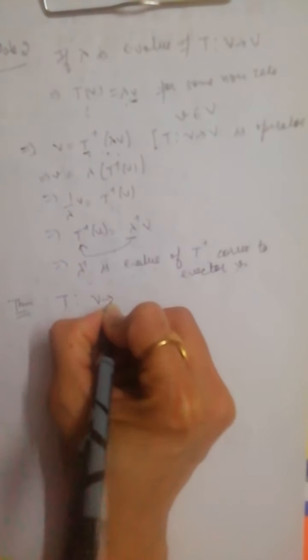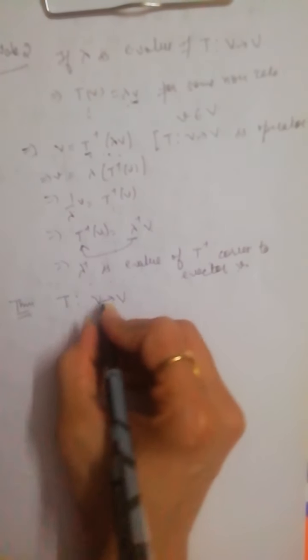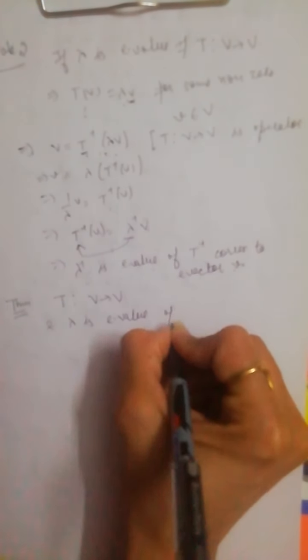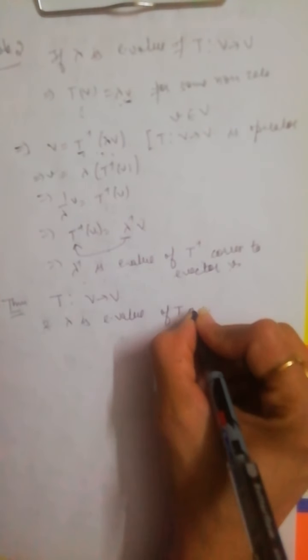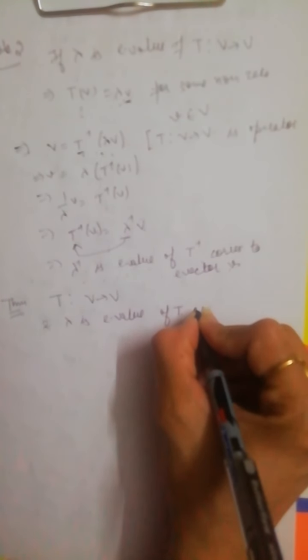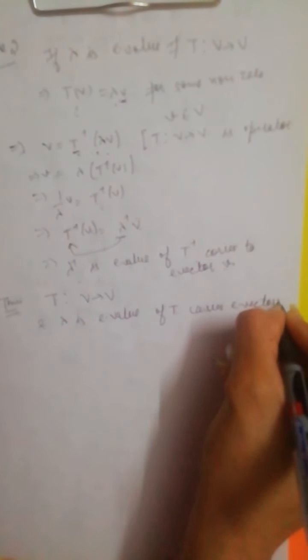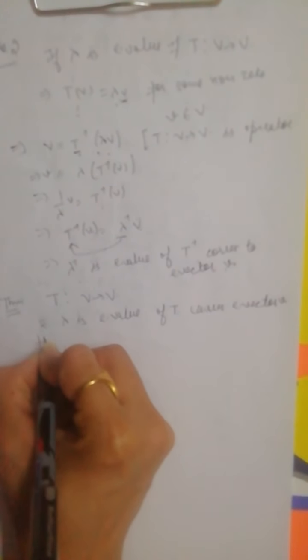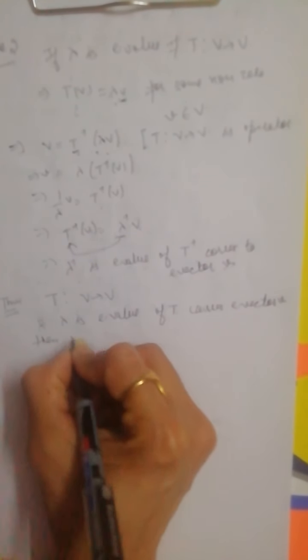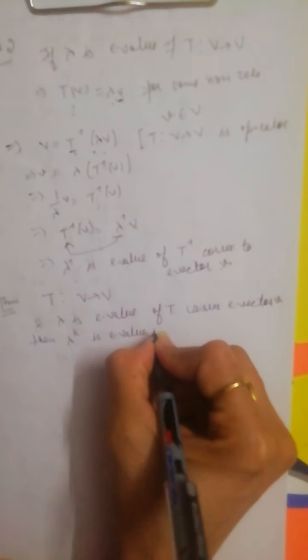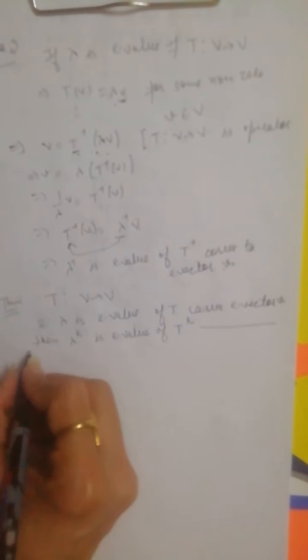If T is a linear operator and lambda is an eigenvalue of T with corresponding eigenvector v, then lambda to the power k is eigenvalue of T raised to power k corresponding to same eigenvector v.